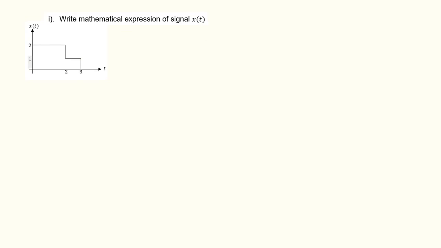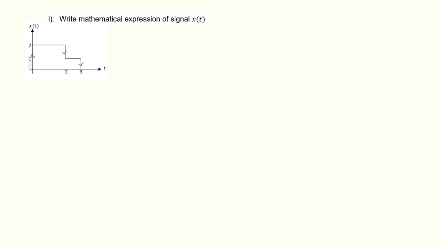Okay, let's look at the first question: to write the mathematical expression of signal xt. As usual, you need to write the equation for the signal considering each of the t positions. For the straight line, you can put arrows showing the direction of the signal from left to right.